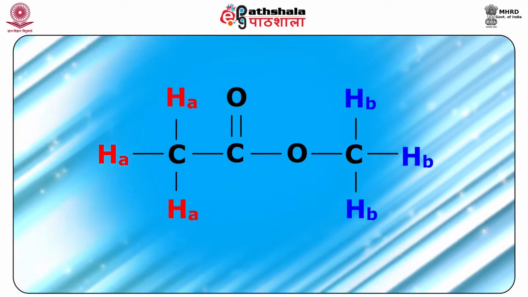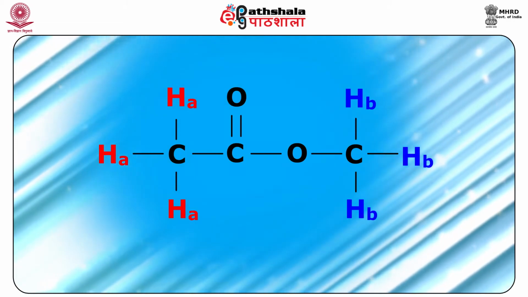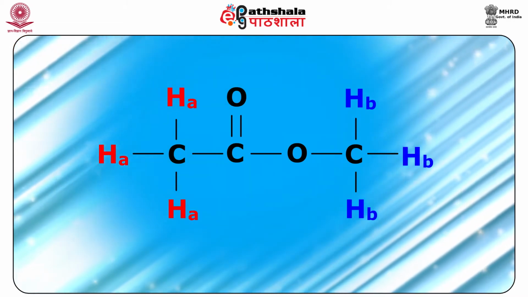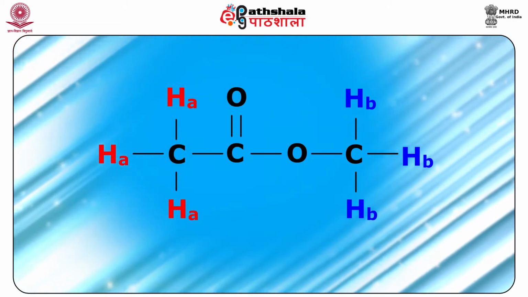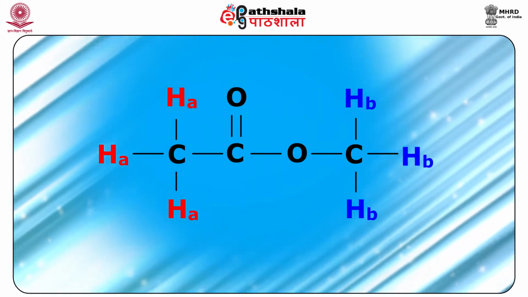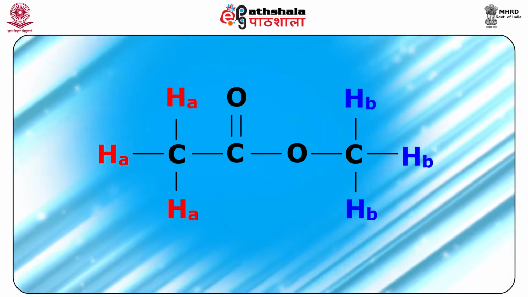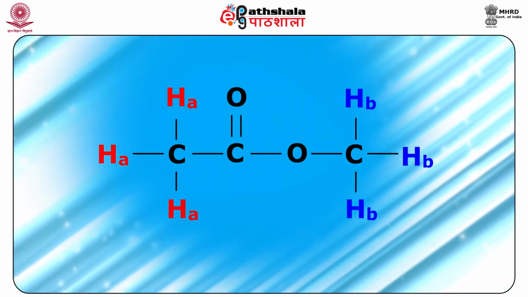On the other hand, the 3 HA protons are all in the same electronic environment and are chemically equivalent to one another. They have identical resonance frequencies, and the same can be said for the 3 HB protons.